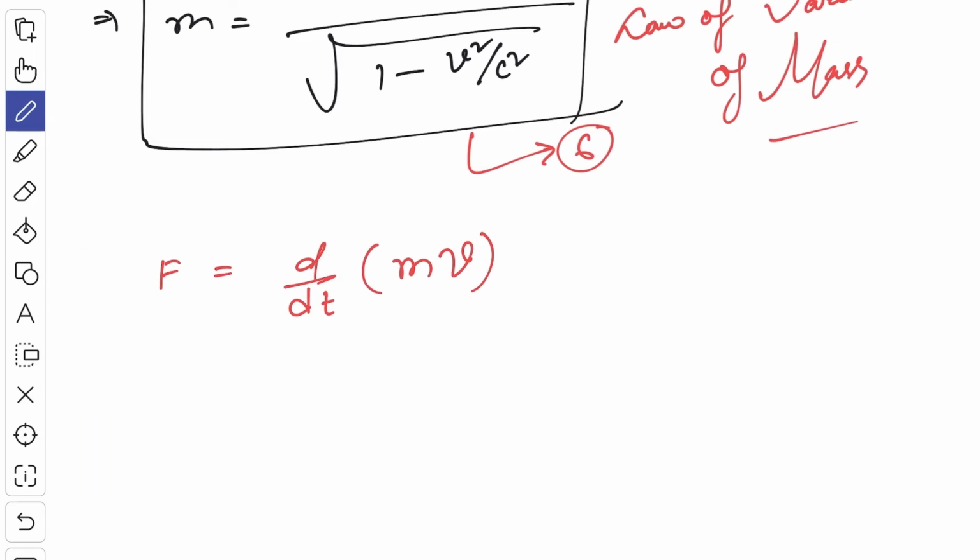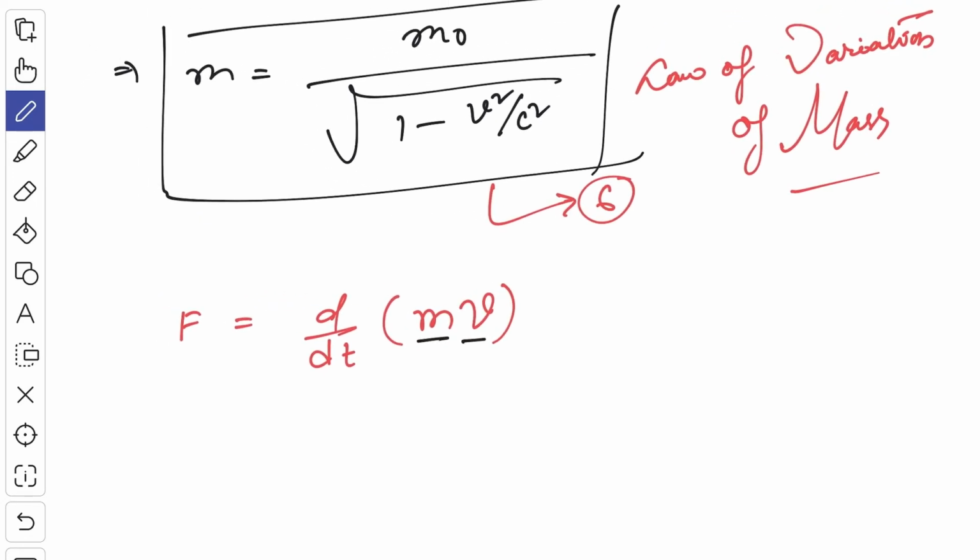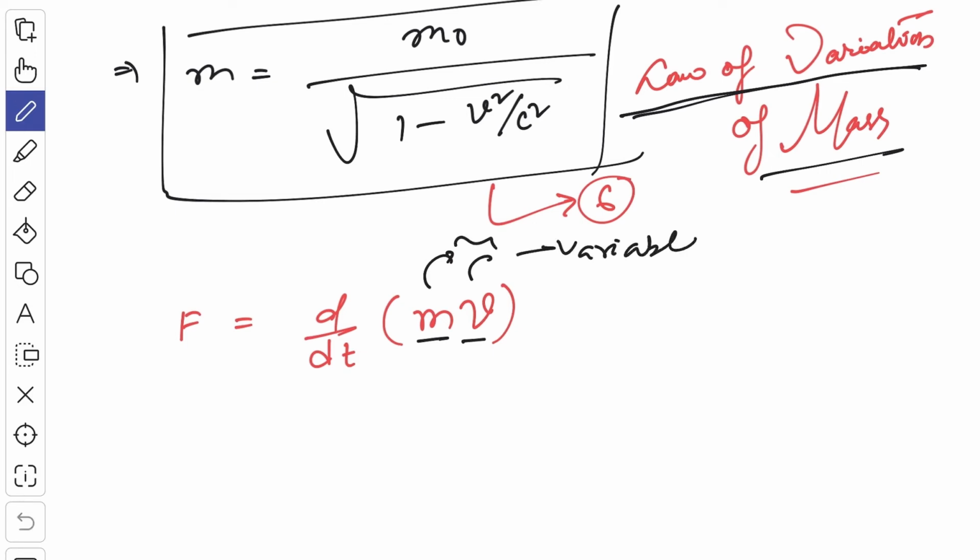Now if you consider m and v both as variable, because generally we consider mass constant, but as we are going to use the law of variation of mass, we will consider mass and velocity both as variable.